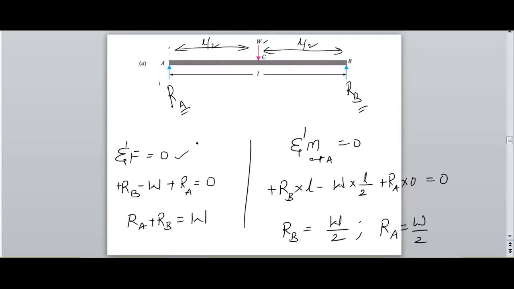Taking upward as positive and downward as negative, RA minus W plus RB equals 0. Therefore, RA plus RB, the two unknowns, is equal to the known value W. That is the first equilibrium condition.